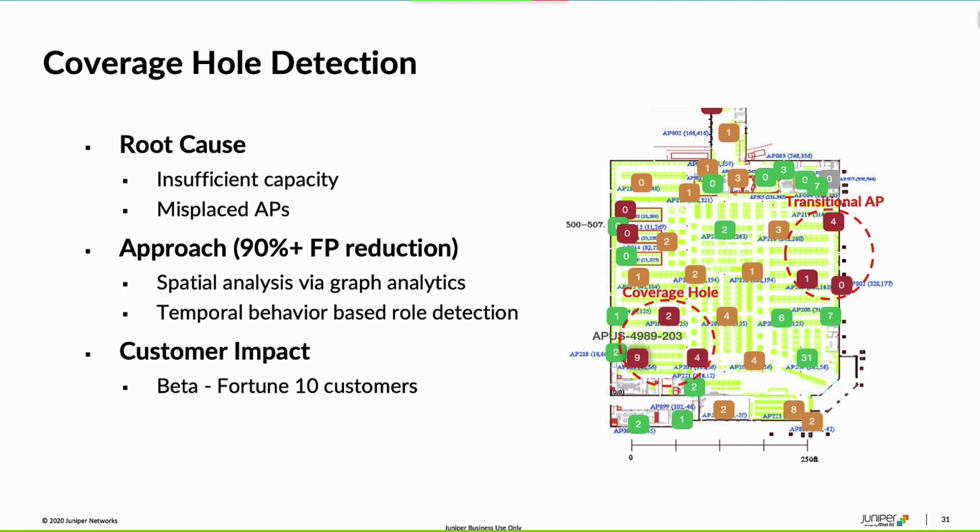Based on that, we can reduce 90% of false positives. A lot of the AI work we do is to reduce false positives. Because if you send one true alert mixed with noise, at 50% accuracy, then no one will take action based on your AI. So we reduce 90% of false positives in this detection, and now we're running beta tests in a Fortune 10 customer environment.